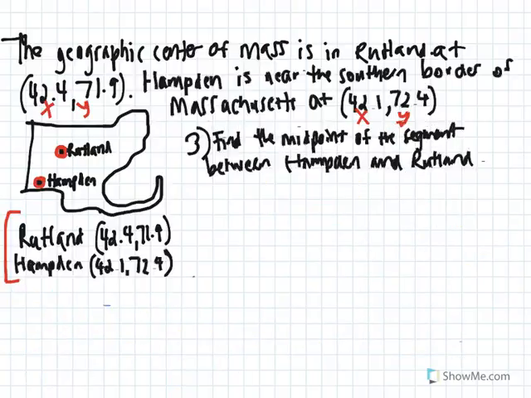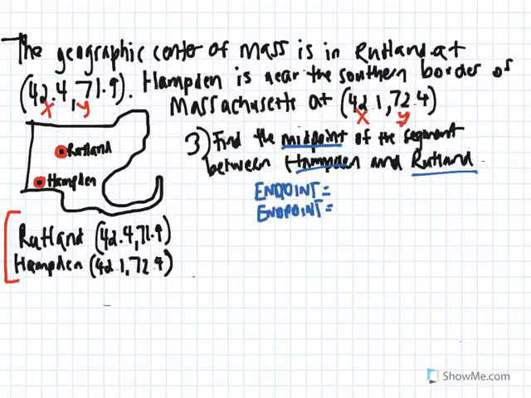All right. And the third part. Okay, so the third part is asking us to find the midpoint. So find the midpoint of the segment between Hamden and Rutland. Okay, so my two endpoints are going to be Hamden and Rutland.